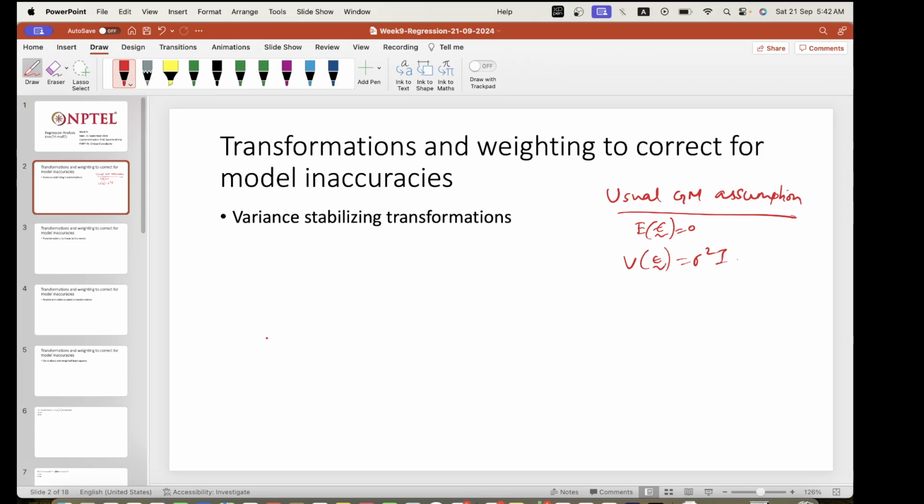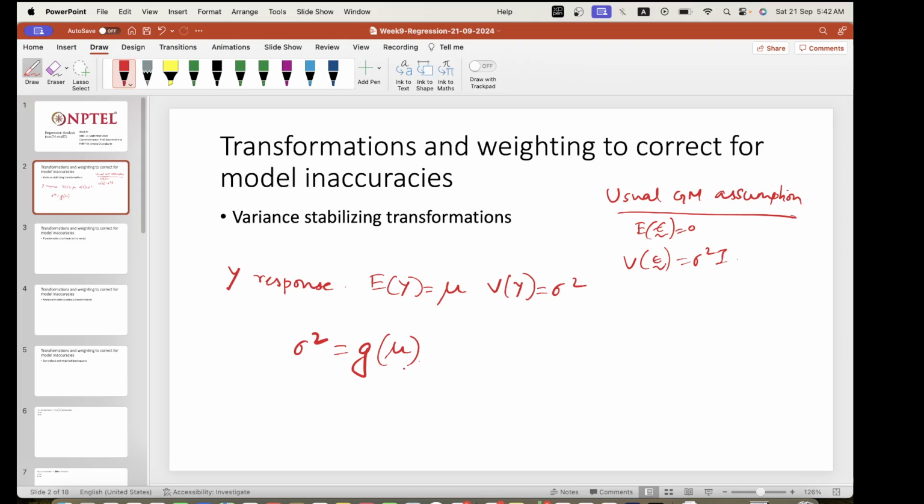So let's say y is my response variable, with expectation of y as mu and variance of y as sigma square, and we find that sigma square is some function g of mu.